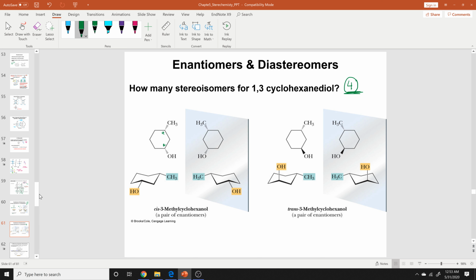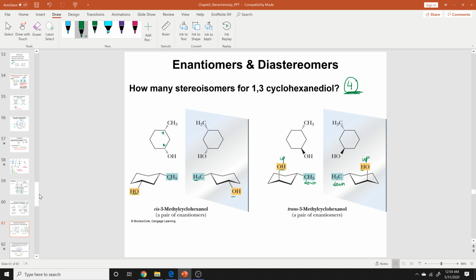Okay? As I mentioned, very important, when you draw a chair conformation and you want to draw its mirror image, equatorials stay equatorials. Axials stay axials. So whatever is up stays up. Whatever is down stays down. Good? Okay, so again, whatever is up stays up.